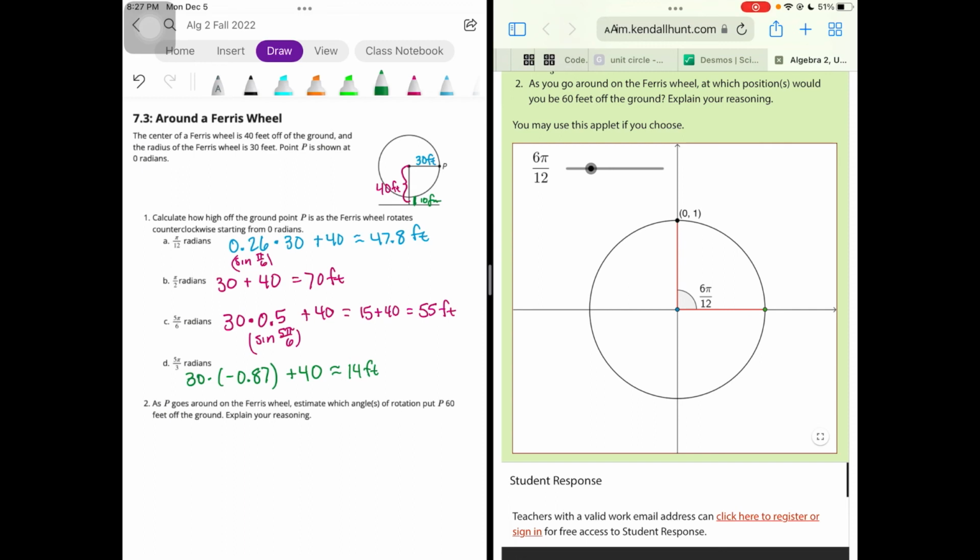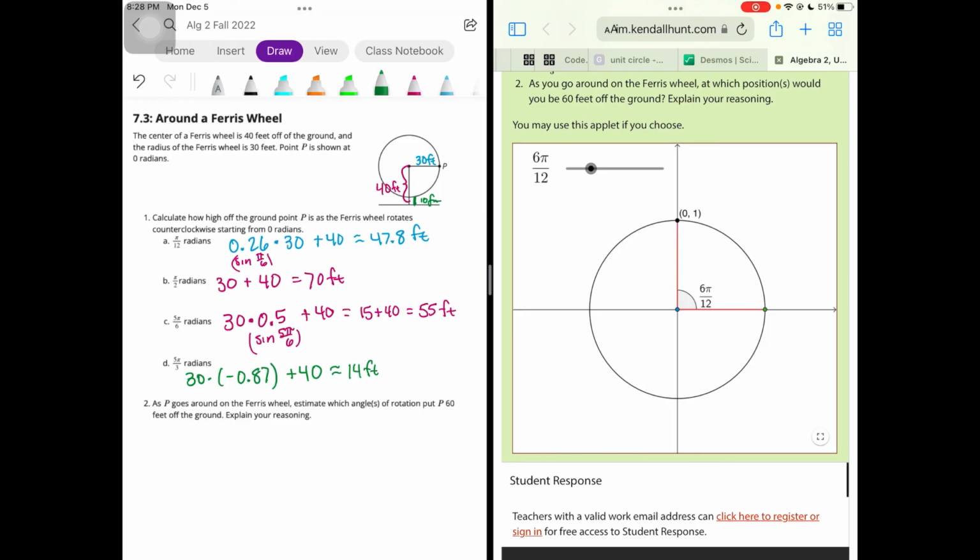We know that it's going to be higher than 5 pi over 6, which is the same thing as 10 pi over 12, because that was only at 55 feet, and we're looking for 60 feet above the ground. Right, so it's going to be somewhere between that 5 pi over 6 and pi over 2.